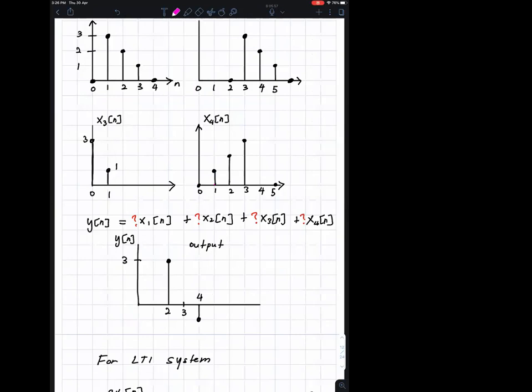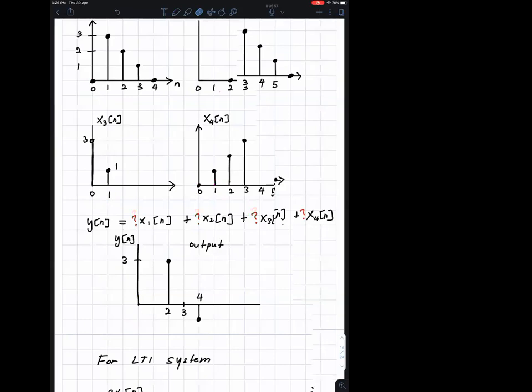Now we go to the next one. When n equals 1, you have signals. There's a signal here, no signal here, but there's a signal here, and one of them has a signal. So we have at least 2 having a signal, and we have to consider that.